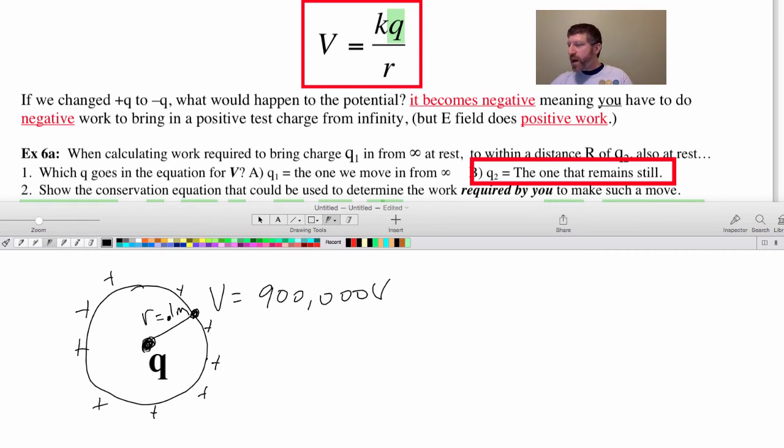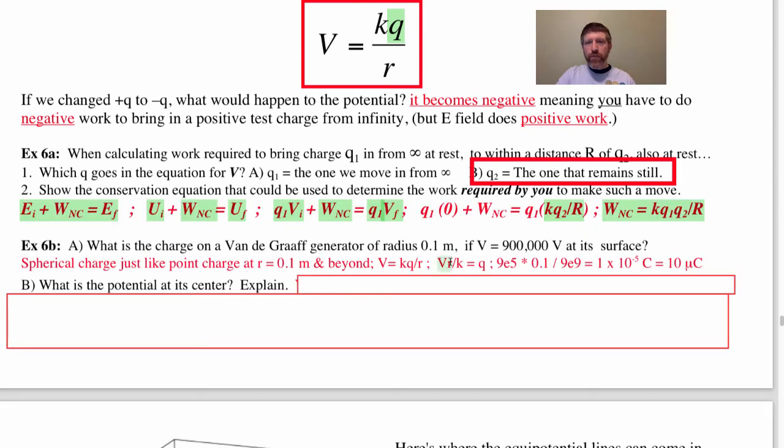The potential caused by this Q, as if it were right there, V caused by Q, is equal to K Q over R. If this is all spread out evenly, it's just as if that charge was at the center. Solving for Q, you get V R over K equals Q. Doing the math, you see that it's 10 microcoulombs on that Van de Graaff generator.